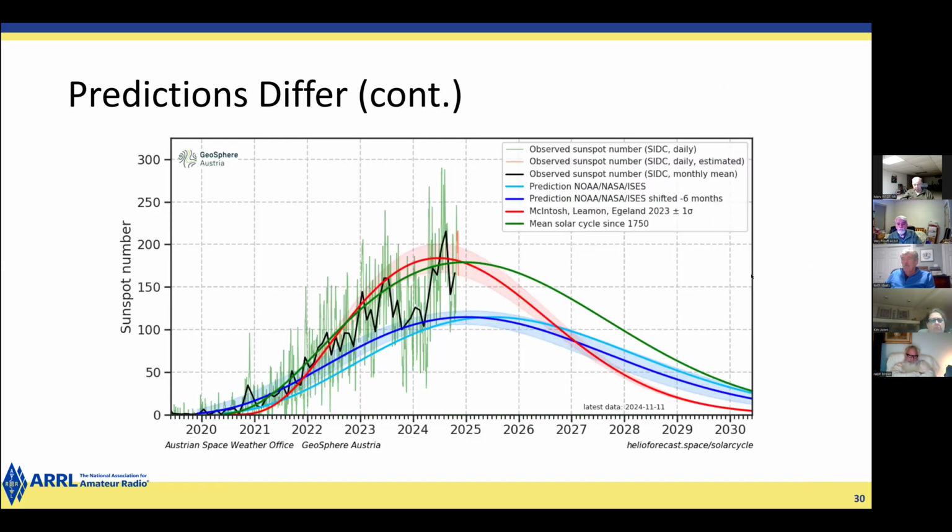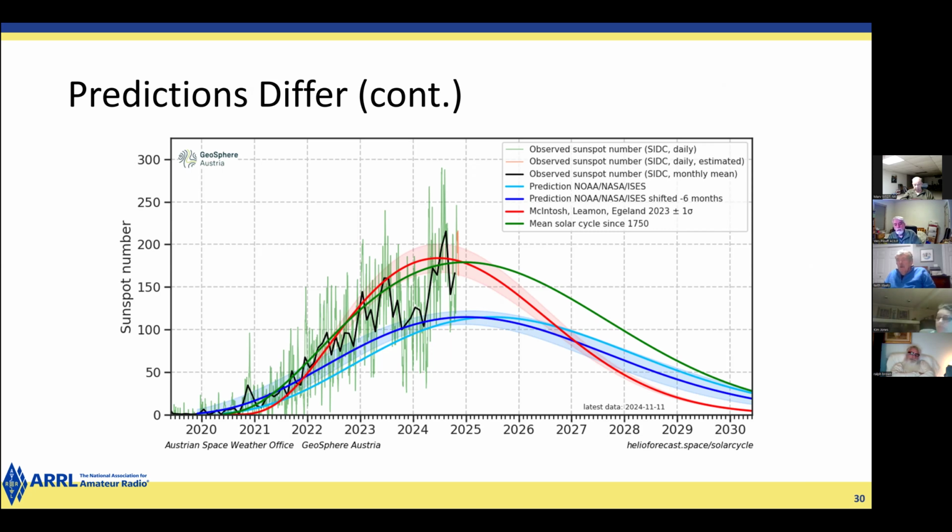This is a different view of this. The red line there was the University of Colorado prediction. The light blue line was the original prediction made before 2020.